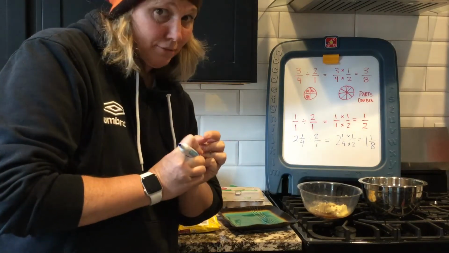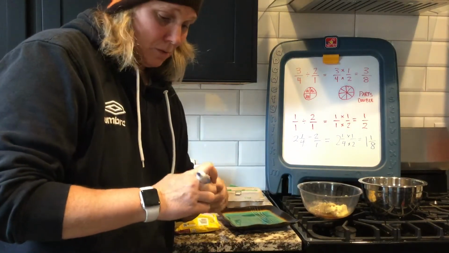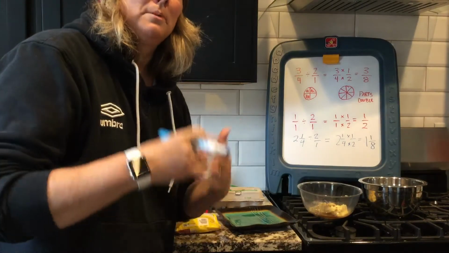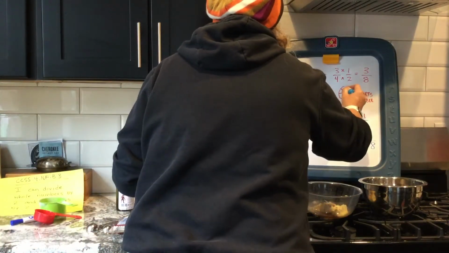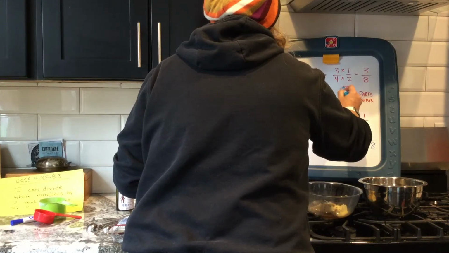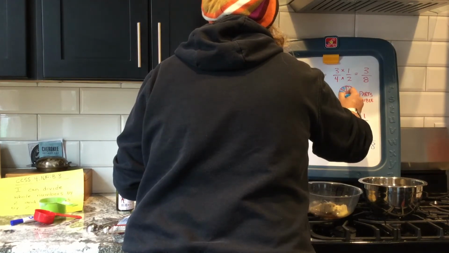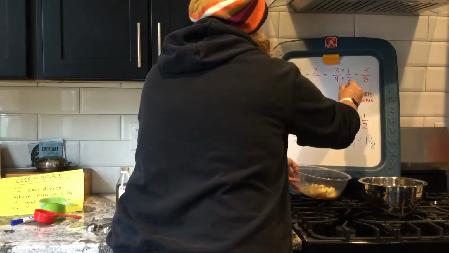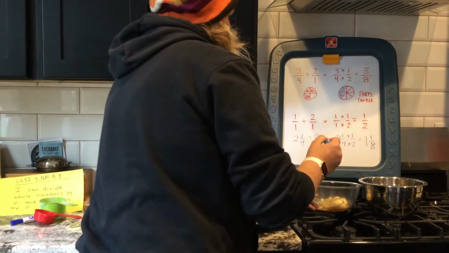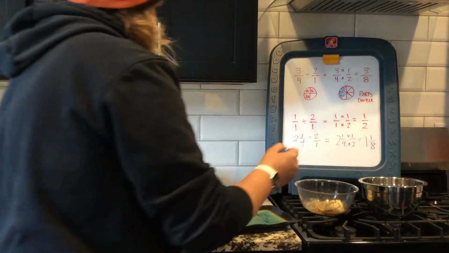The parts are no different, but the denominator is going to be different, which means the parts will look smaller. Because watch, here are our 3 parts. 1, 2, 3.